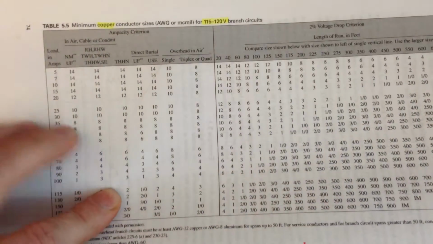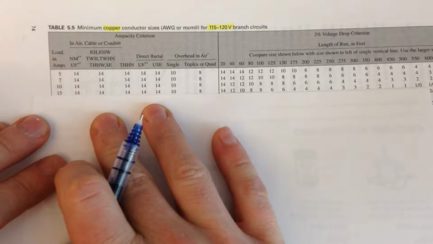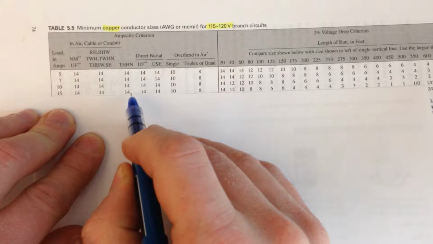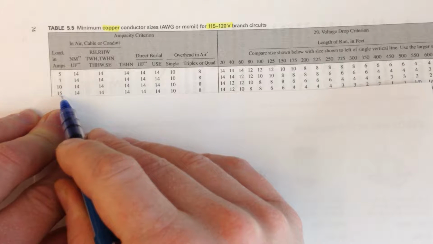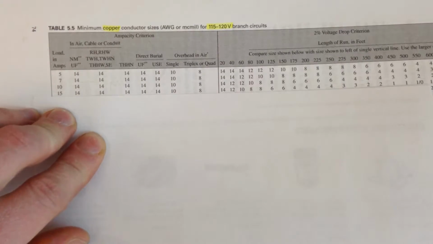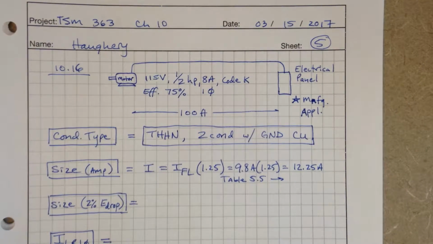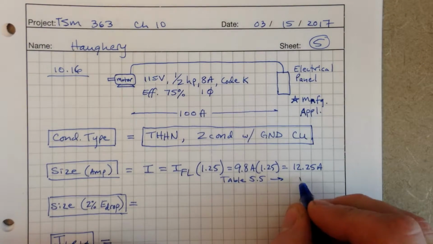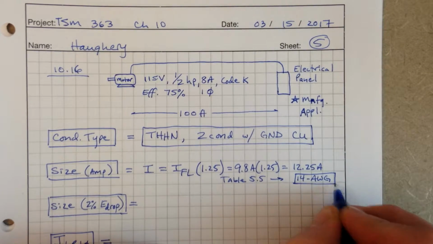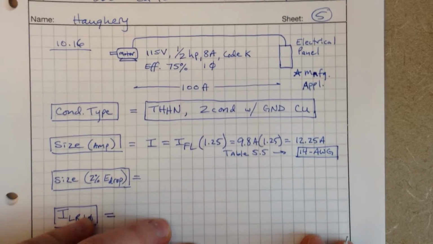Of course, we need to go up to a 15 amp. Then looking at the THHN, we're at 14 gauge. We up rate to 15 amps, right? THHN, we have a 14 gauge conductor. So per ampacity, we'll have 14 gauge THHN.